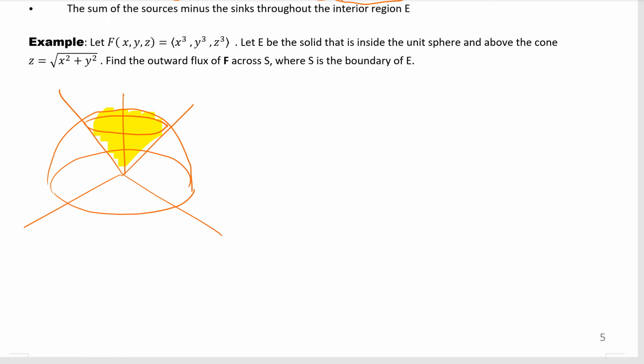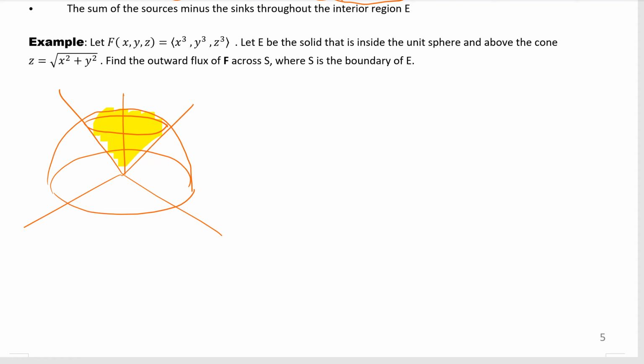So far, so good, everybody? Okay. And you can see, to calculate the surface integral is kind of hard because the top one is the sphere, the bottom one is the cone, right? And so it's more complicated. Maybe it's easier to compute the triple integral of this region, okay?